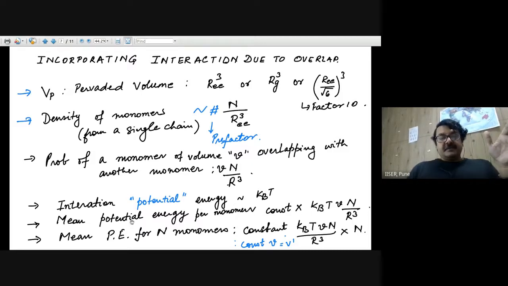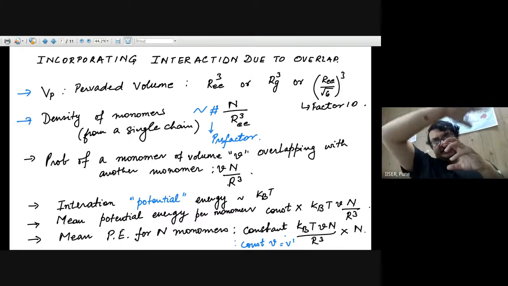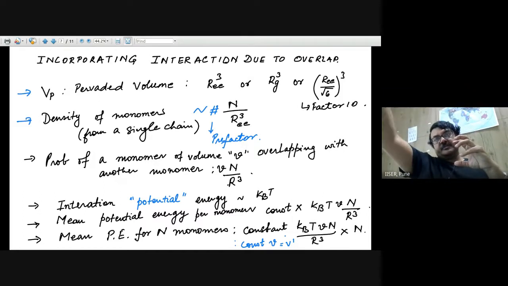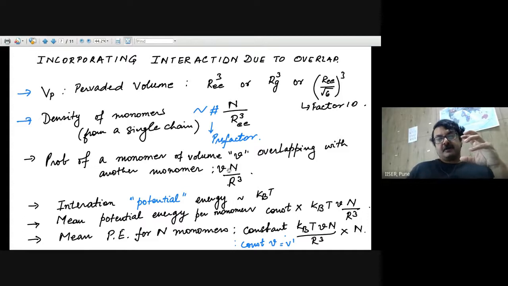Now, the mean potential energy per monomer. Each monomer is interacting with other monomers. Now you have an estimate of the probability of interaction of one monomer with the other, and the mean potential energy will be the probability of contact times kBT, and of course there has to be some appropriate constant.